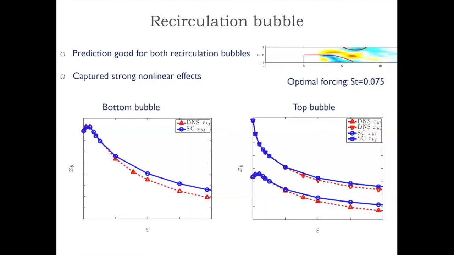Quantitatively, we can compare the length of the bottom bubble and the separation point and reattachment point of the top bubble, and they all agree very well between DNS and self-consistent model. Good. So that was work by Vlado Mantic-Lugo, a PhD student of mine a couple of years back.